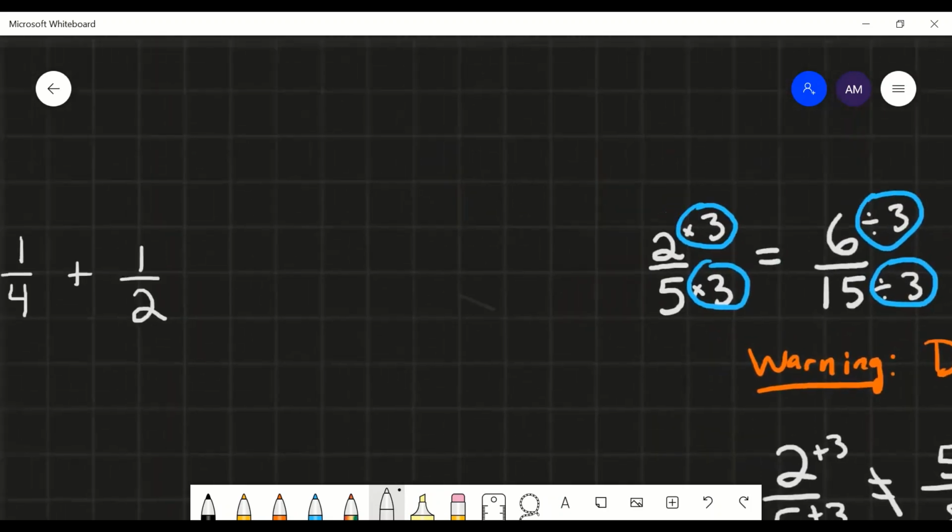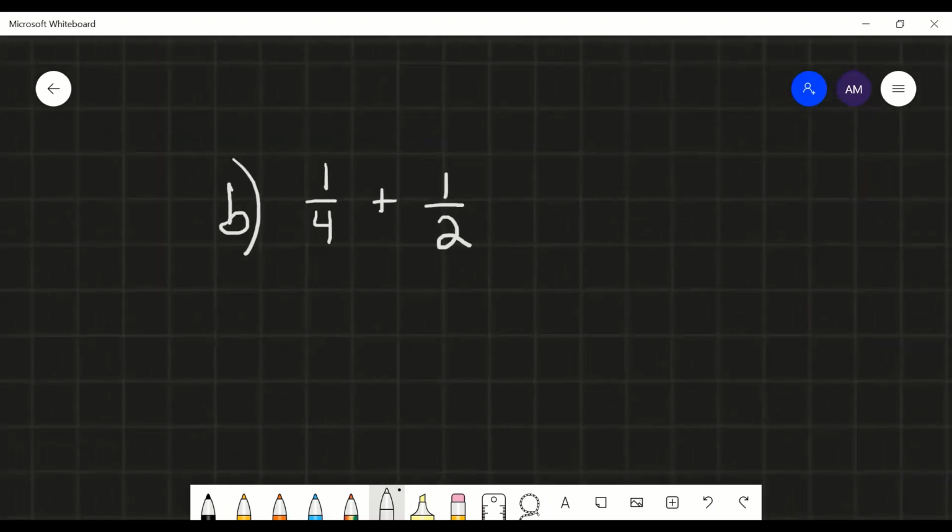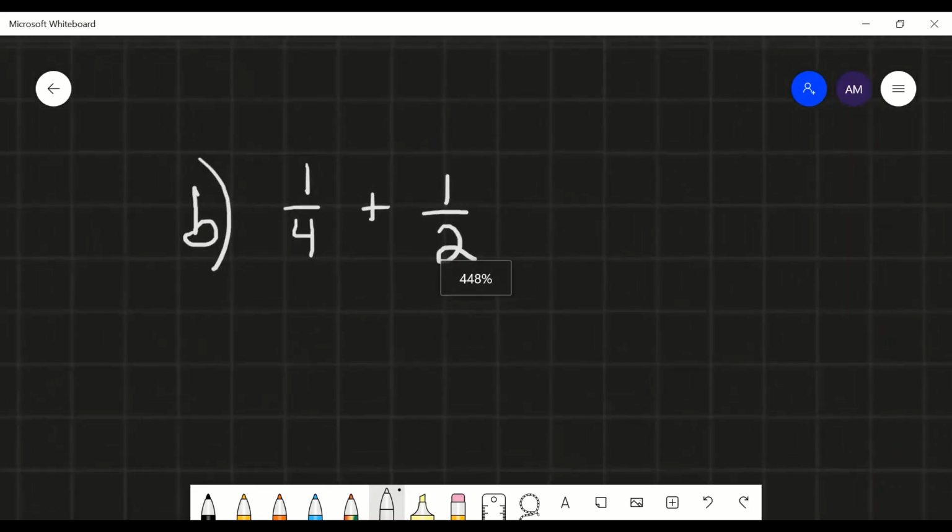So with this in mind, let's think about a way that we can make these two fractions addable, make it possible for us to add both fractions together.